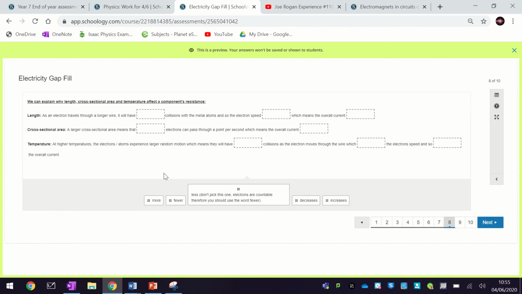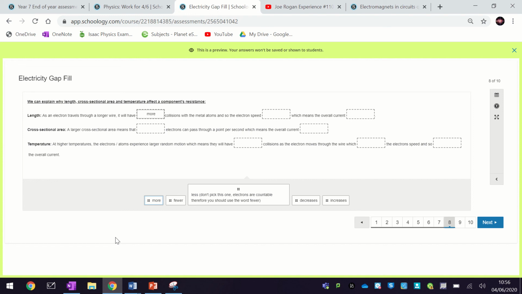Okay, so let's dig into that a little bit more so we can actually understand how that works. So if an electron travels through a longer wire, it will have more collisions with the metal atoms. So that's kind of our source of resistance in our circuit: the electron's collisions with atoms as it moves through the wire.